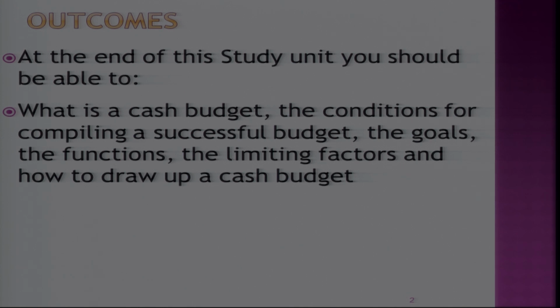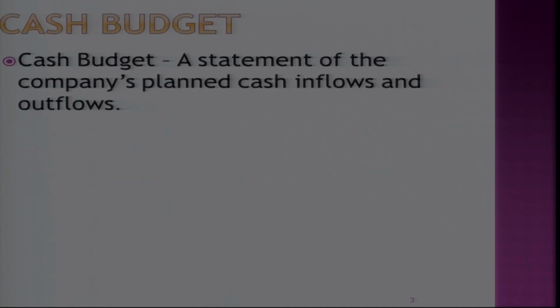Now, the outcome says at the end of the study unit, you should be able to know what is a cash budget, the conditions for compiling a successful budget, the goals, the functions, the limiting factors, and how to draw up a cash budget.